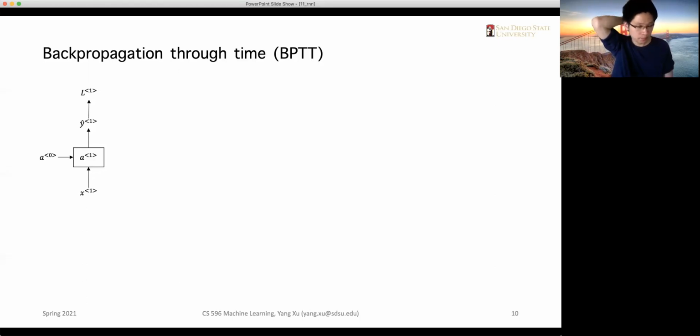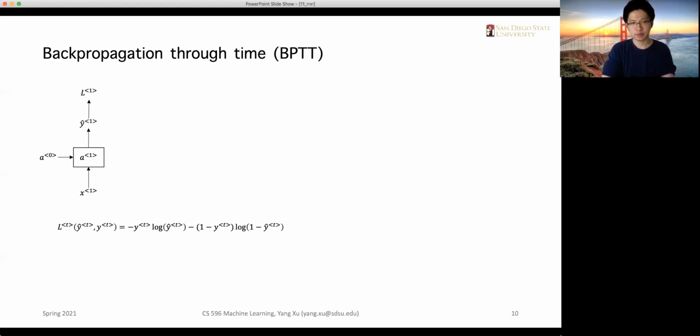Let's look at the example here. In order to back propagate, you first need to compute some loss. Since we have one output at each time step, a loss is computed for each time step. So y hat 1 will be compared with the ground truth at the first time step, and the loss will be computed.